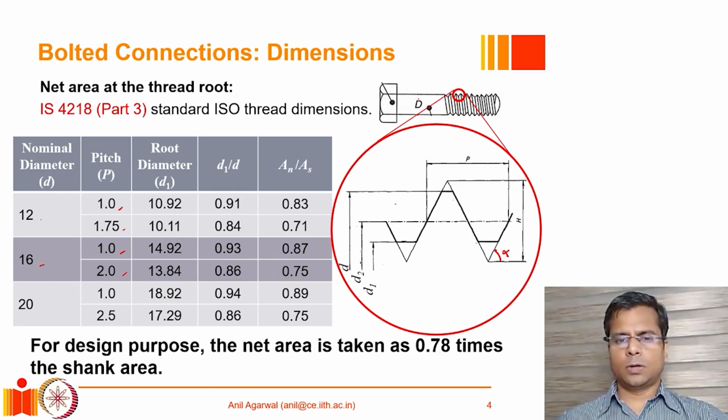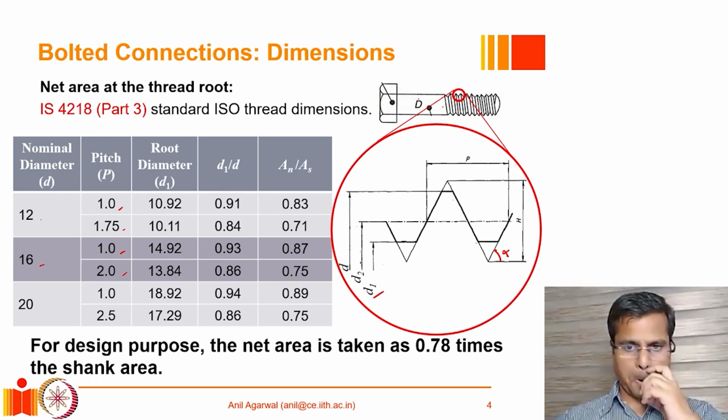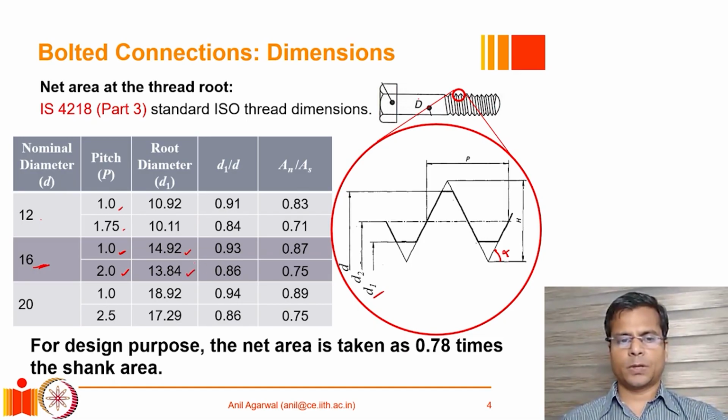D1 represents the diameter at the root of the thread, and D represents the diameter of the peak of each thread. D is the same as the shank diameter, which in our case is, let's say, 16 millimeters. However, as the pitch is changed from 1 millimeter to 2 millimeters, the D1 value, the root diameter, is reduced to 14.92 or 13.84 millimeters. So you can see that the pitch is changing the root diameter.